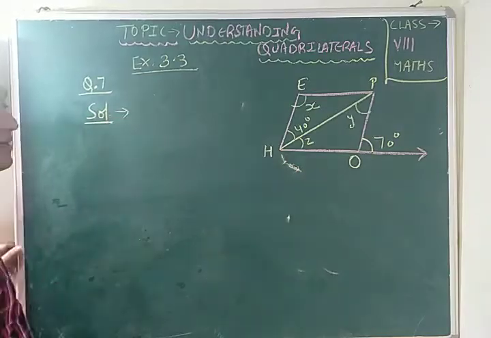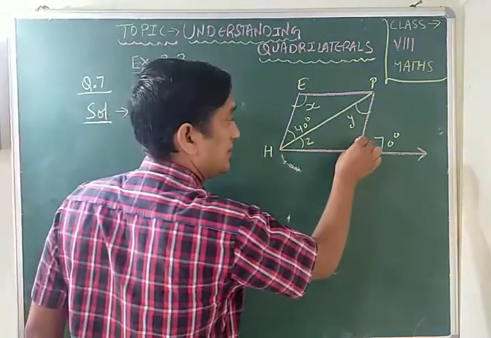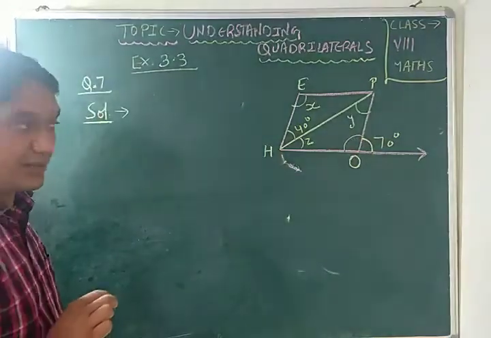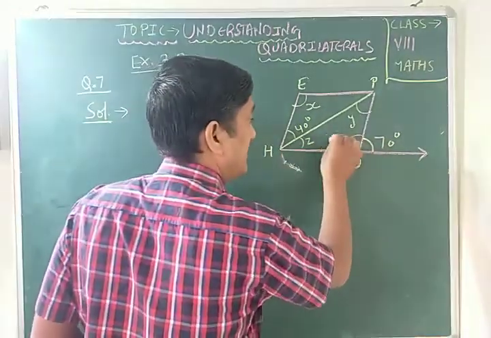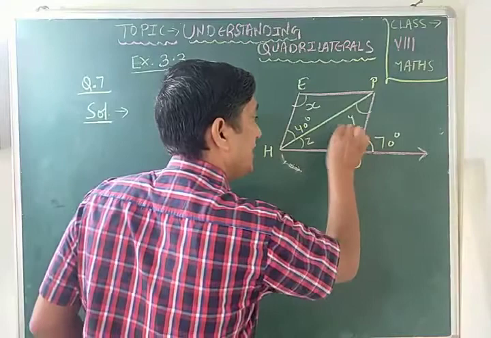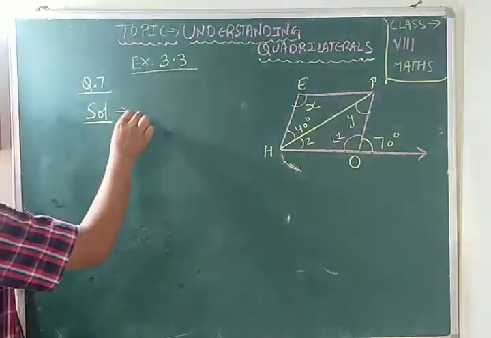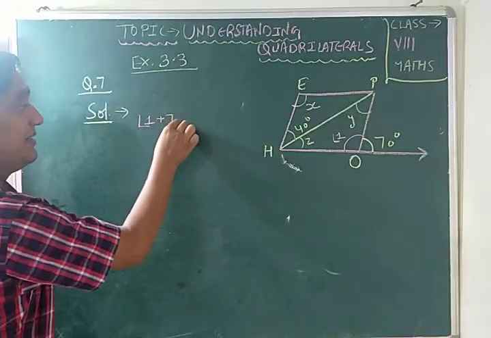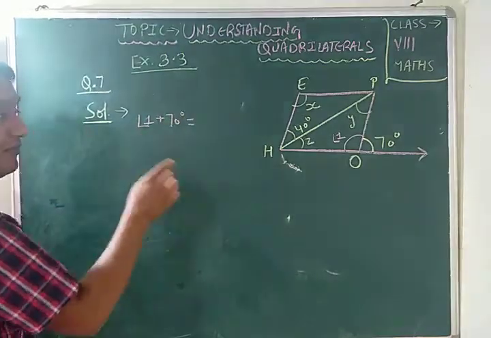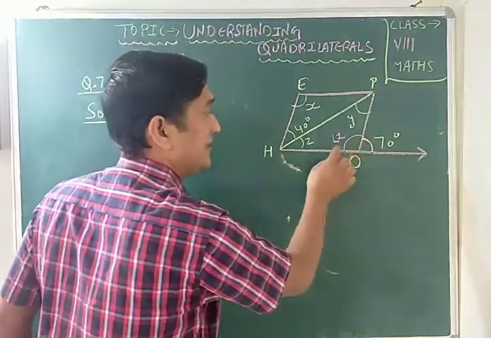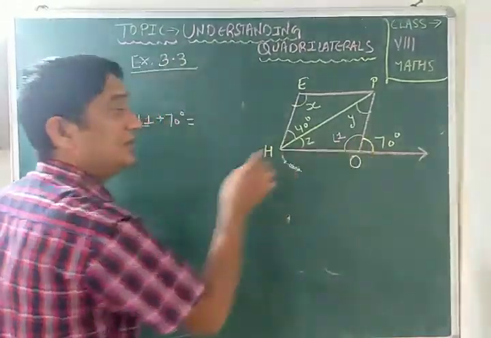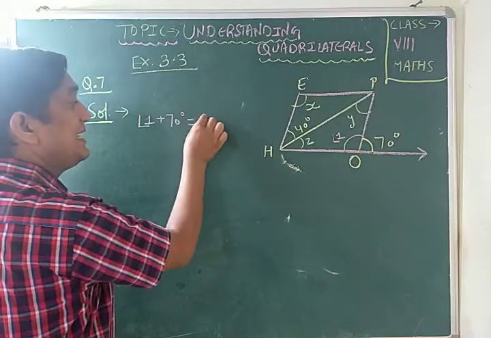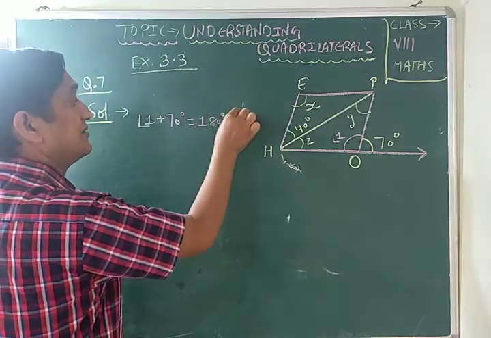Look children, this is the interior angle of the parallelogram. Let it be angle 1. Angle 1 plus 70 degrees: observe, this is angle 1 and this is 70 degrees, and they form linear pair angles.